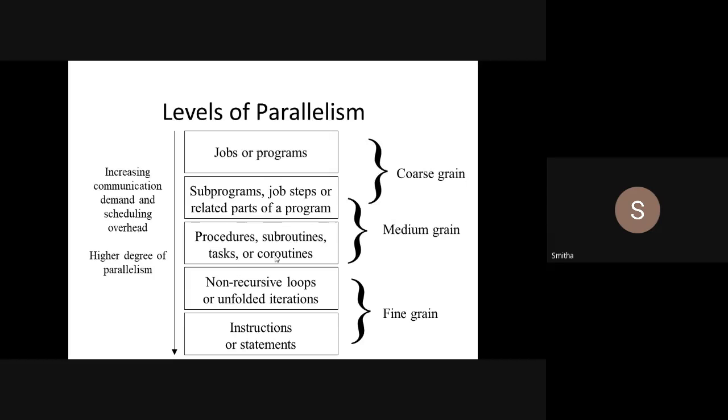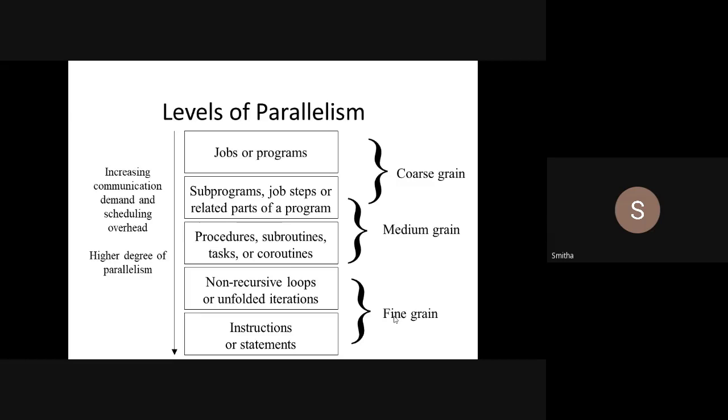The procedures and subprograms come under medium grain, meaning more instructions than fine grain, which has a limited number. In the third and fourth levels it will be higher than that, so we categorize them as medium grain.